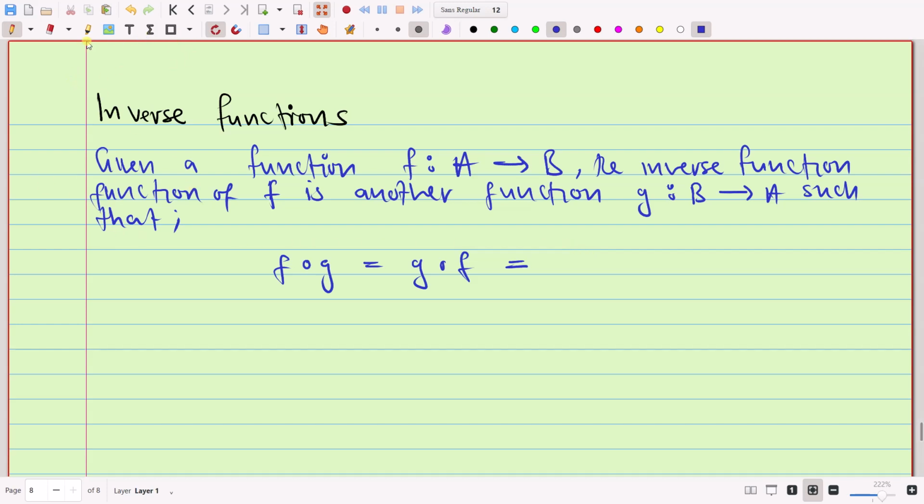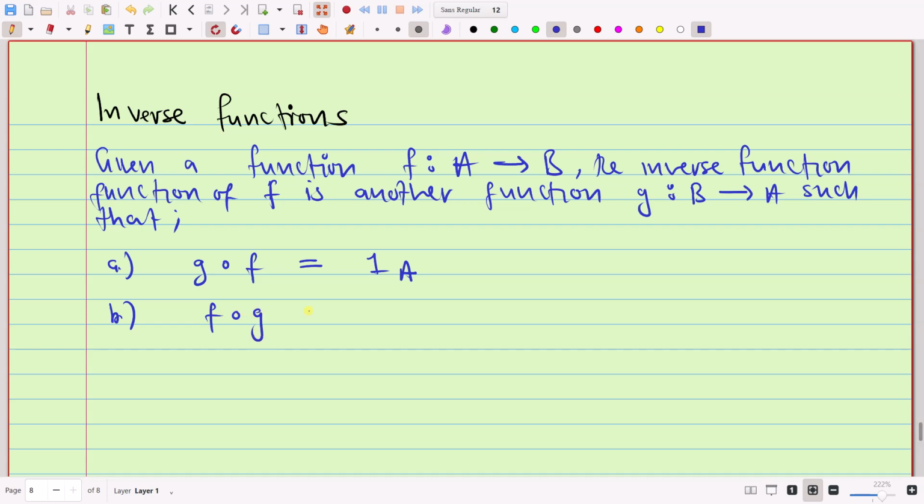Sorry, I was supposed to actually define it this way. The inverse function of some function f is another function g which maps B to A. So it takes the range and maps it to the domain, and it has the following properties. A: when you take g and compose it with f, this is just the same thing as 1_A.